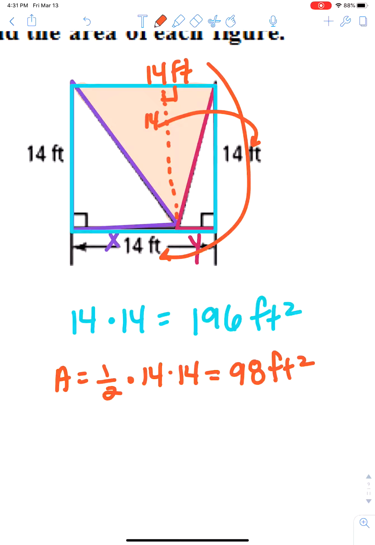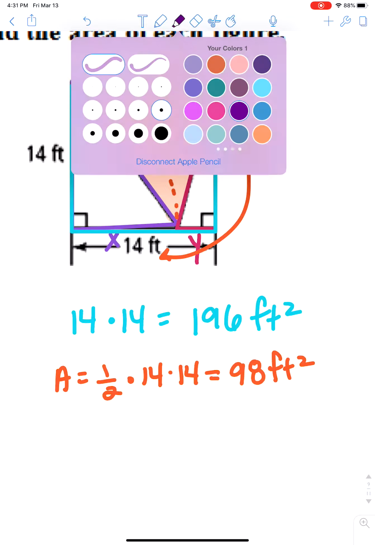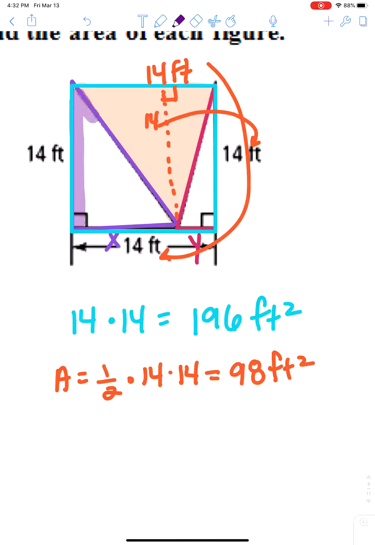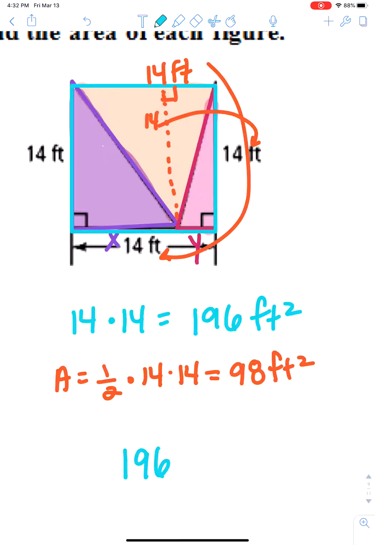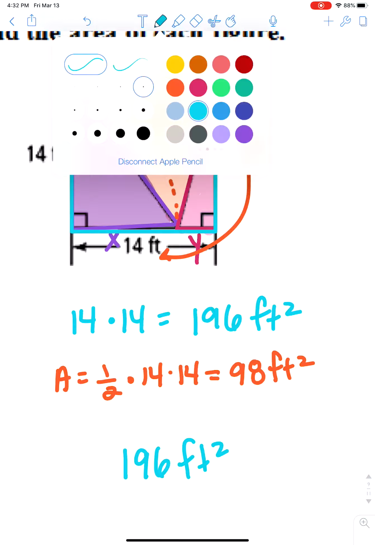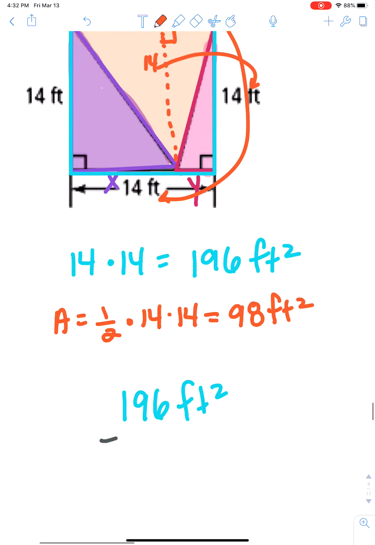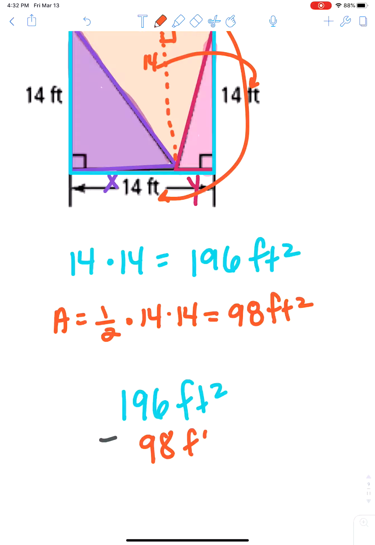So if I want to know the purple and the pink, what these areas are together, then I'm going to take the blue square and I'm going to subtract the orange triangle right here. So we'll do the 196, and I'm going to subtract the 98 feet squared, and that will give me 98.